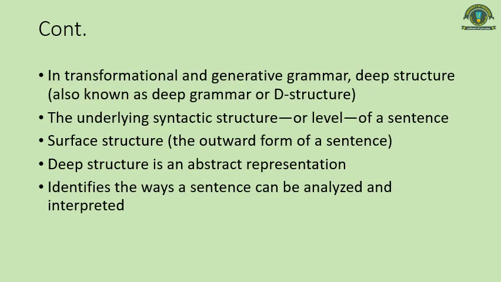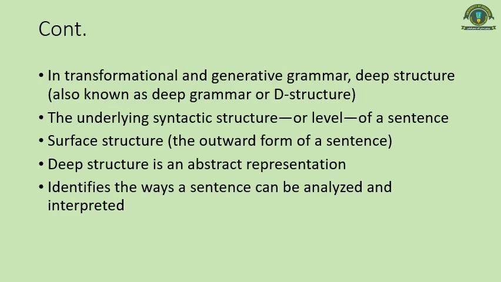In transformational and generative grammar, deep structure, which is also known as deep grammar or D structure, is the underlying syntactic structure, or you may say a level of a sentence.